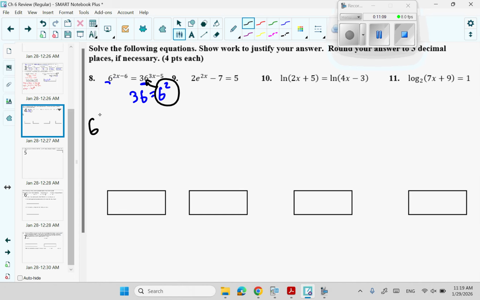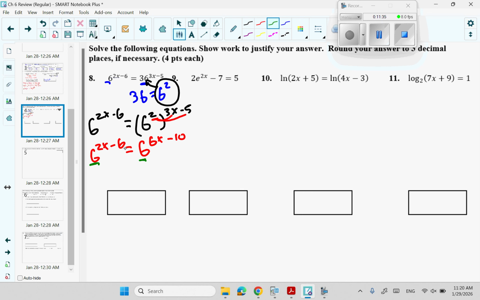So I'm not doing anything to the left-hand side. I'm just going to rewrite it with 6 squared, and then I have this 3x minus 5. Well, now I have this squared, I have to distribute this. Okay?